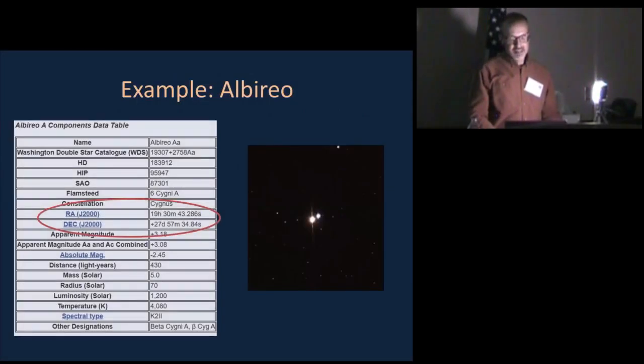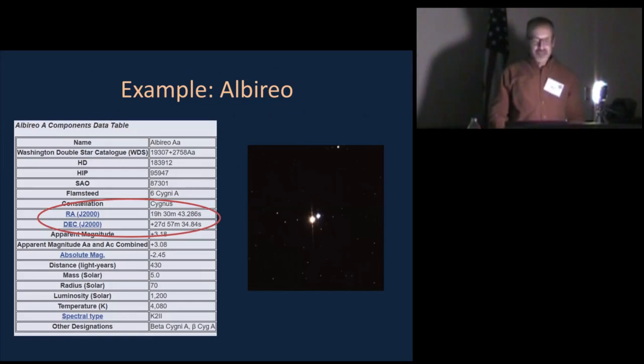All right, example of the coordinate system. This is Albireo, and if you go and look it up in any table, let's look at Albireo A, the primary component of that, you'll see this position for it in those equatorial coordinates, 19 hours and 30 minutes, and almost 27 degrees, 58 minutes.